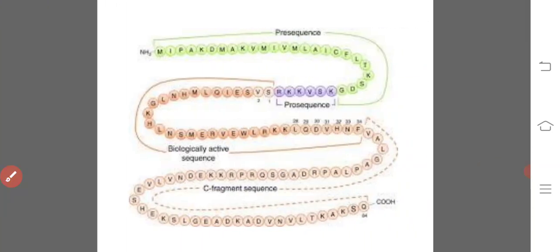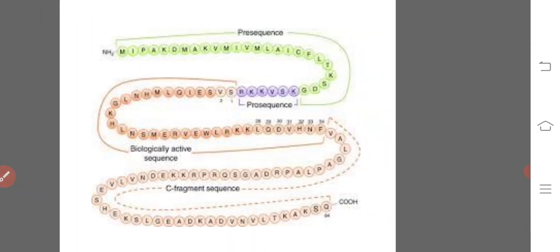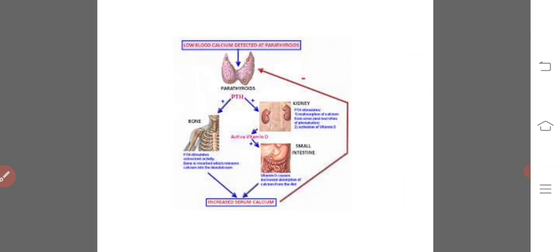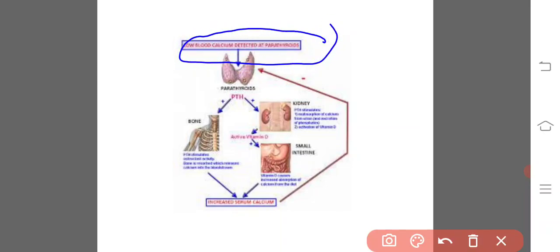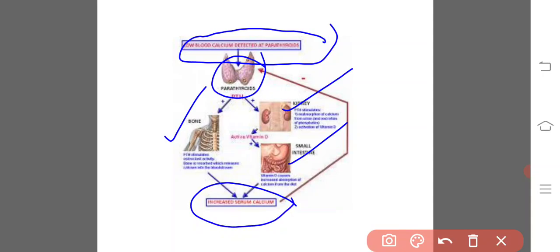So, this is the structure of parathormone, the PTH hormone, which is secreted by the four parathyroid glands embedded in the thyroid lobes. Here the low calcium level is detected by the parathyroid glands, so parathormone acts upon the bones, the kidney, and the small intestine and brings back the equilibrium of the calcium ions in the serum, otherwise the blood.